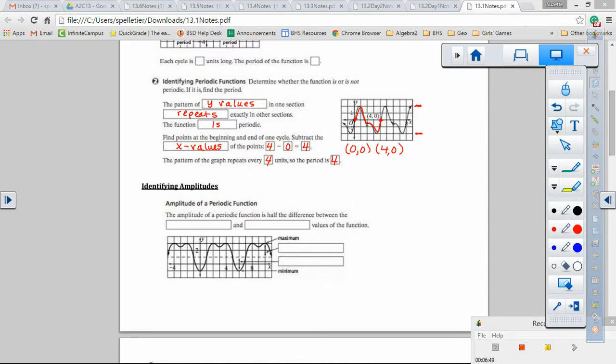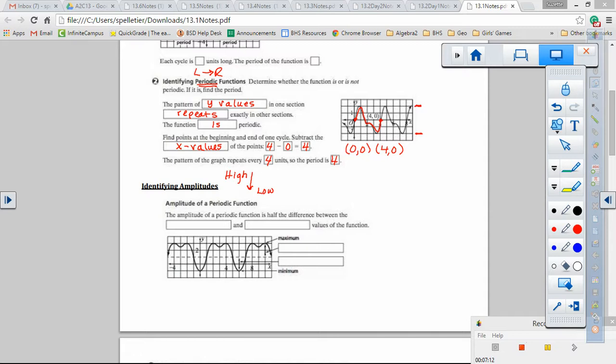Now I'm going to identify the amplitude. The amplitude is different. The period is left to right, but the amplitude is up and down. So highest point to its lowest point. Okay, so how much is it rising and falling?